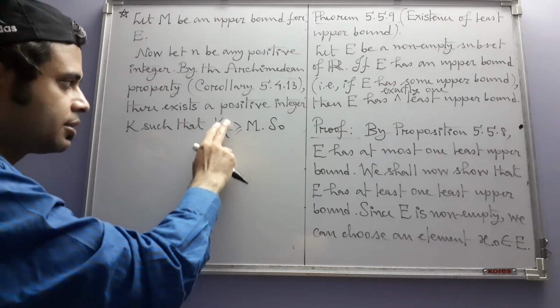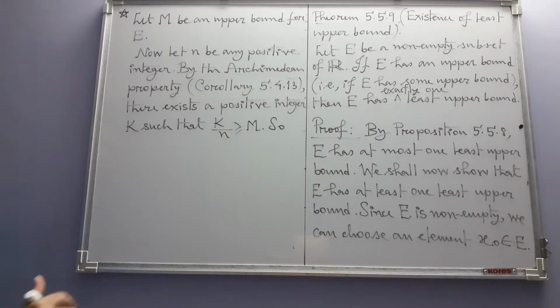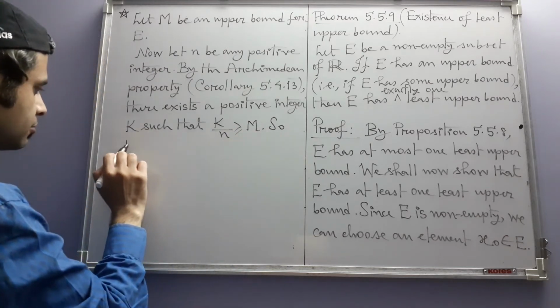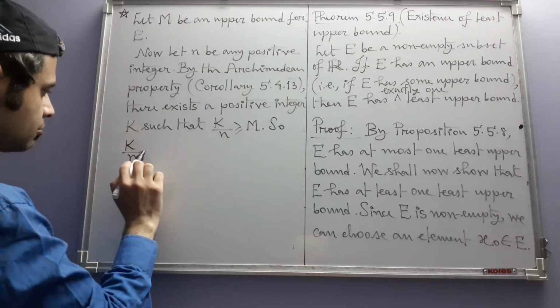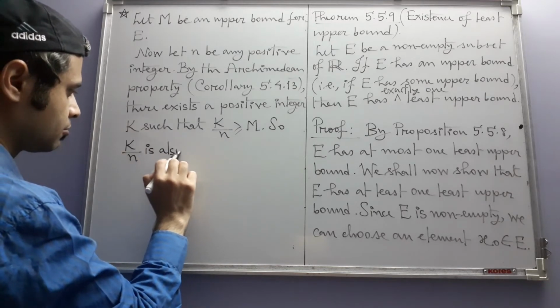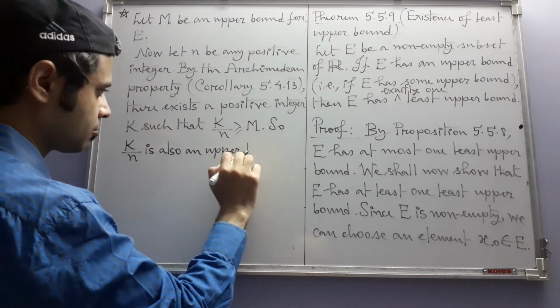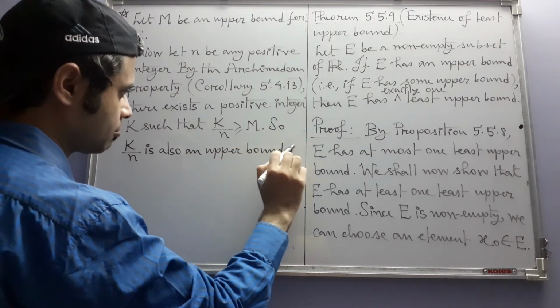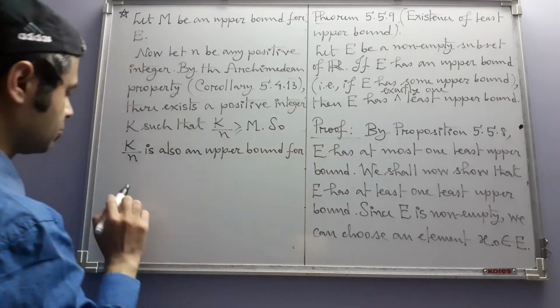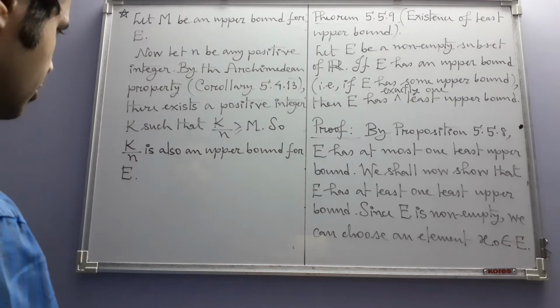In other words, k by n is also an upper bound for E.